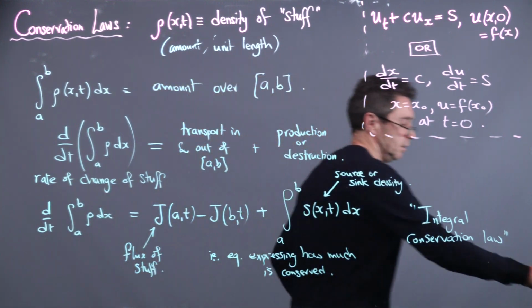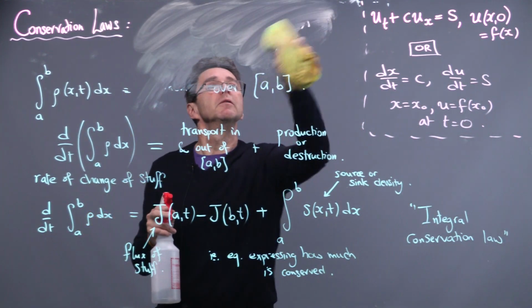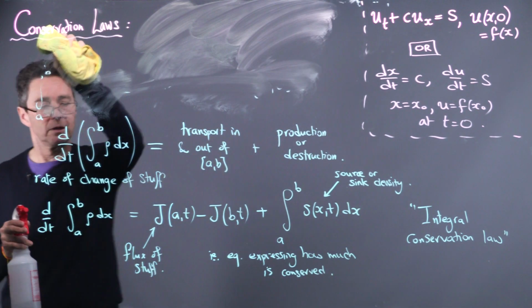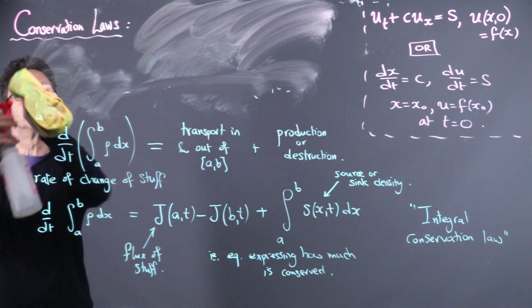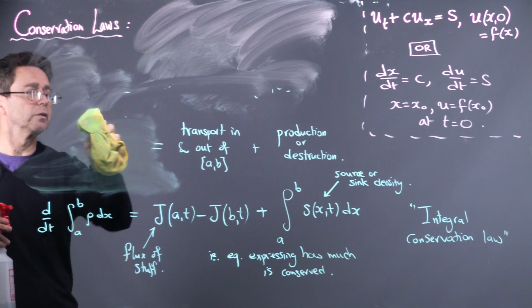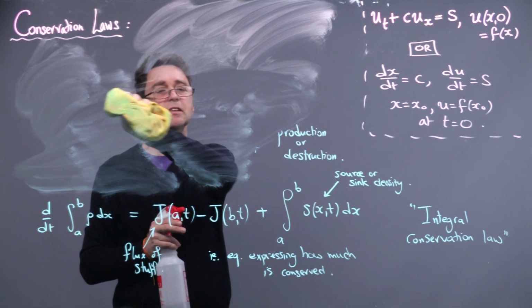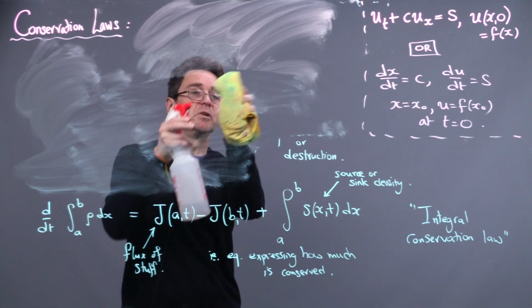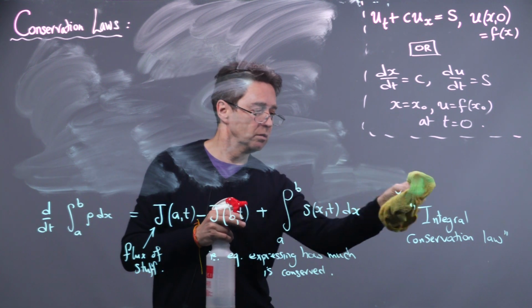Right, so let's now derive the differential version. So the way that we do that is we come along and we write this whole thing as a single integral. Now at this point I should also emphasize that we've just chosen some particular interval a to b, and we didn't actually say what A and B were.